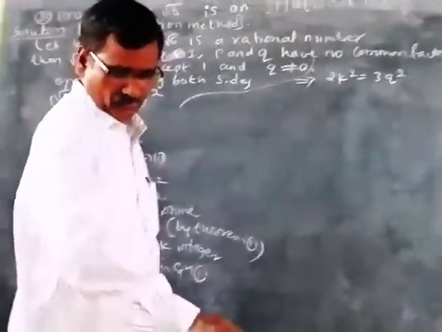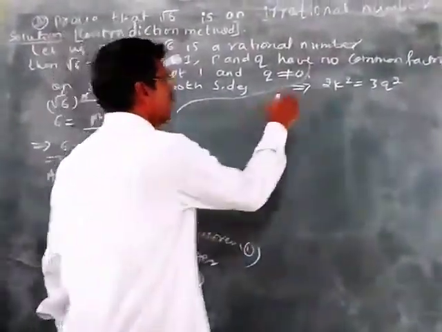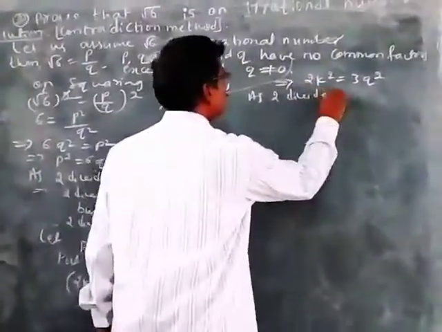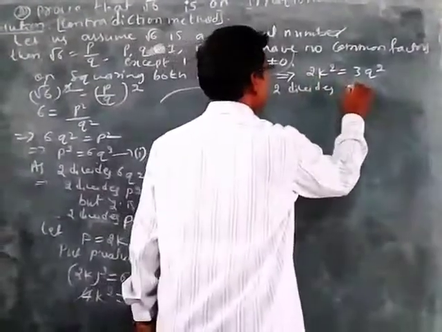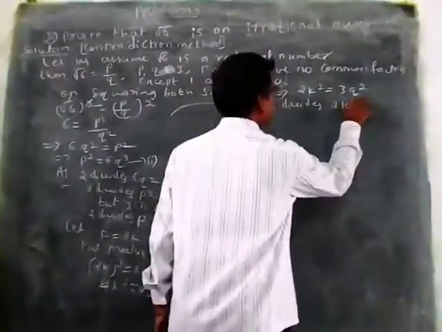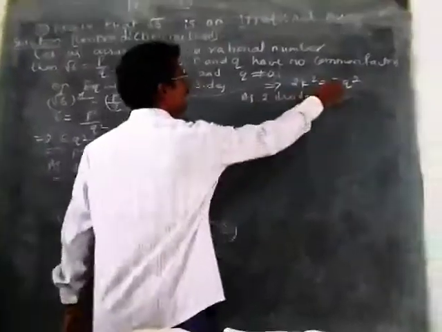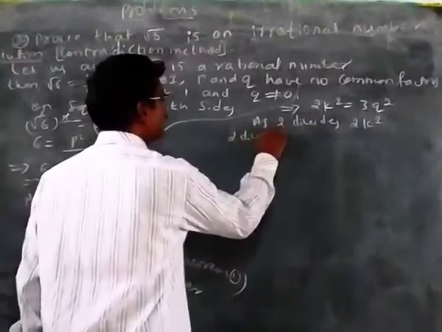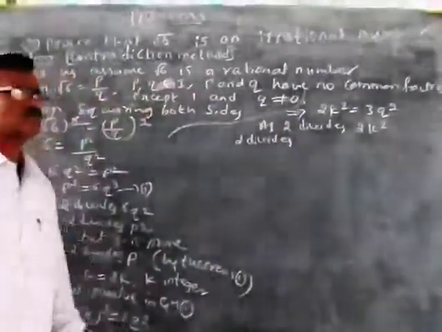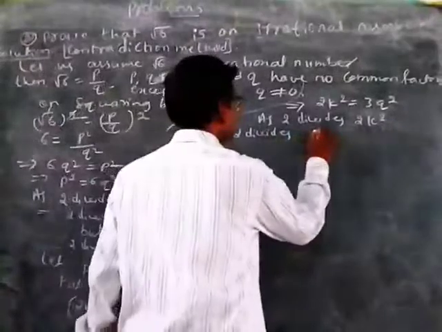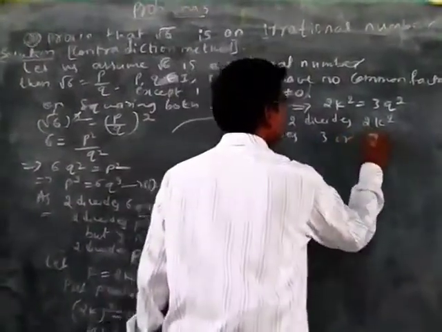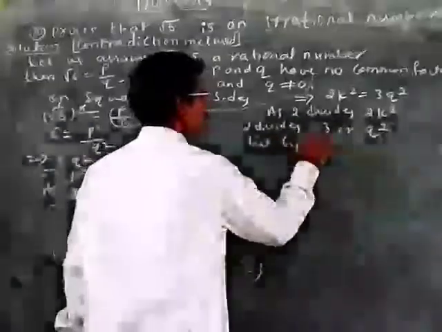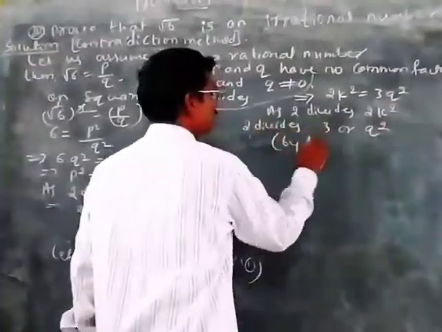Now, as 2 divides 2k square, 2 divides 3Q square.